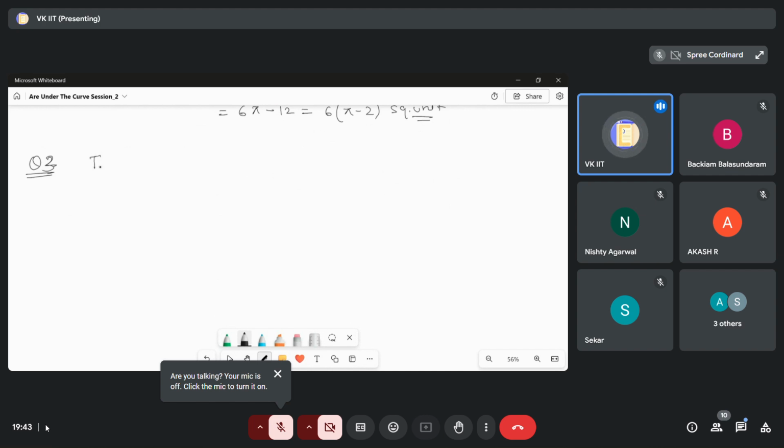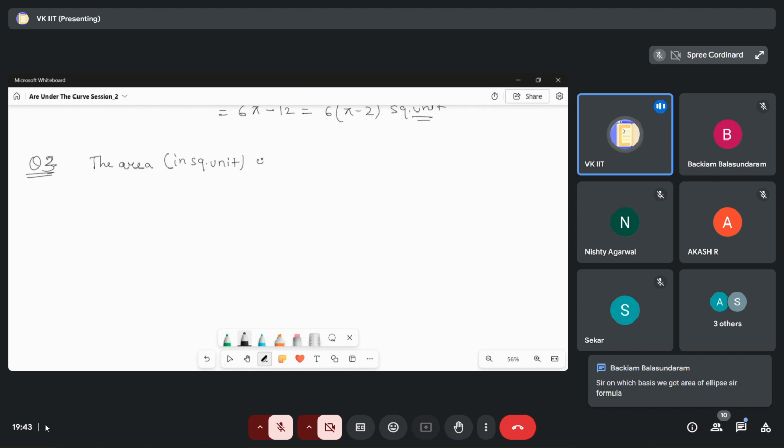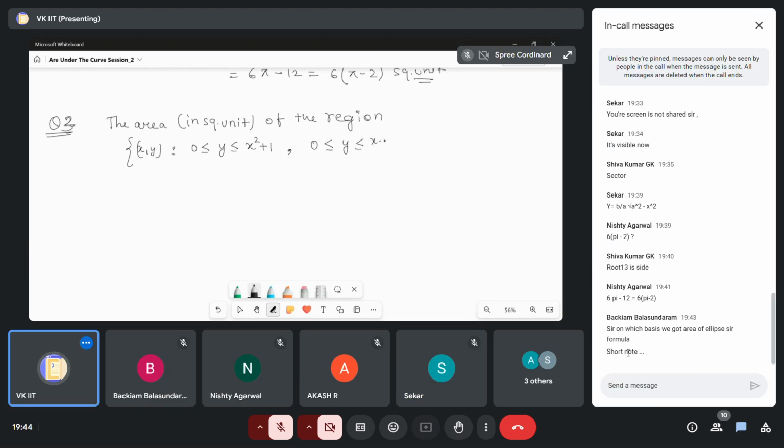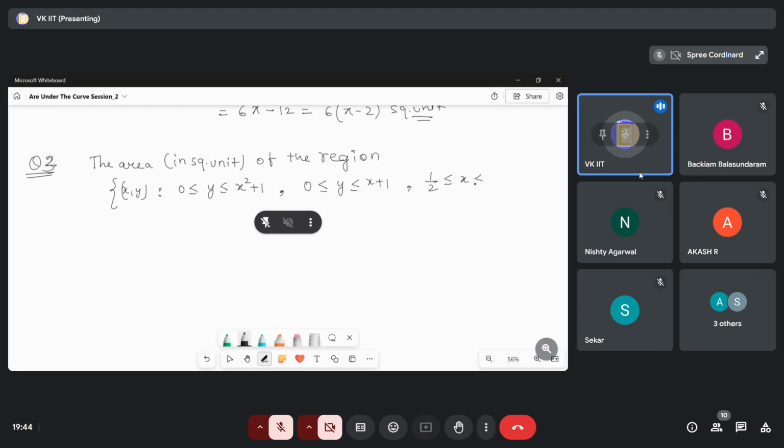So let's write it: the area in square unit we have to find out of the region, given as x comma y in this format, an ordered pair, 0 is less than or equal to y is less than or equal to x square plus 1, 0 is less than or equal to y is less than or equal to x plus 1, 1 by 2 is less than or equal to x is less than or equal to 2.